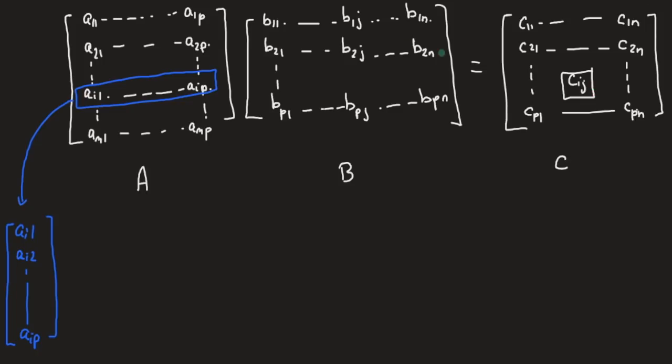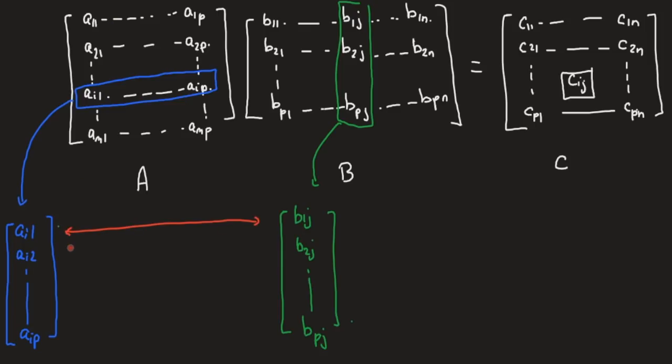And j stands for the jth column in B. That is this guy over here. Notice that the blue and the green columns are the same size. So, how do we compute Cij? It is obtained by a simple inner product between the two vectors. That is, we multiply corresponding elements together, that is ai1 with b1j, ai2 with b2j, down to aip with bpj, and then we add the results to form Cij.